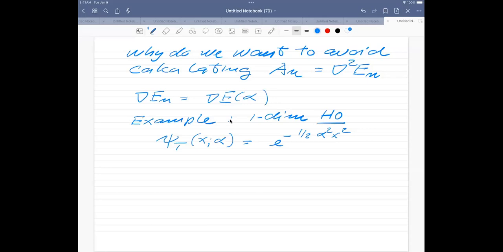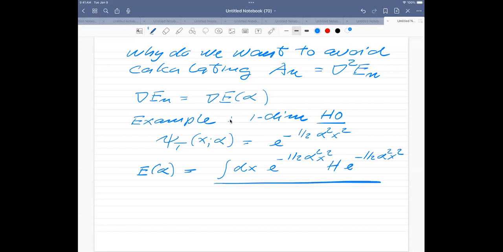But let's now look at the expression which we want to calculate. In our case, the expectation value of the energy, which I'm now writing in this more compact notation, is given by the integral dx of e to the minus 1/2 alpha squared x squared, H times e to the minus 1/2 alpha squared x squared, divided by the integral dx of e to the minus alpha squared x squared.